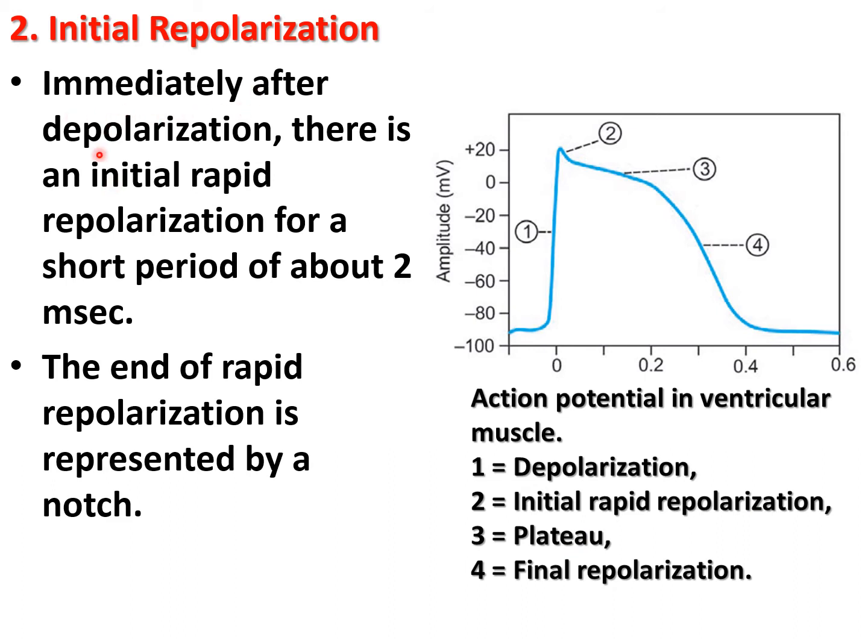Immediately after the depolarization, there is an initial rapid repolarization for a very short period, only about 2 milliseconds. The end of the rapid repolarization is represented by a notch. Here you can see there is a slight notch.